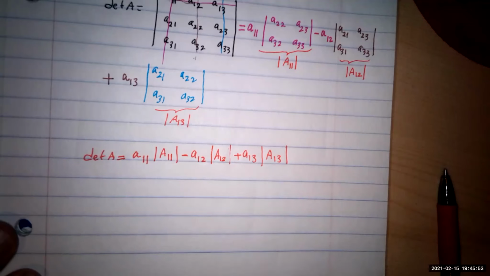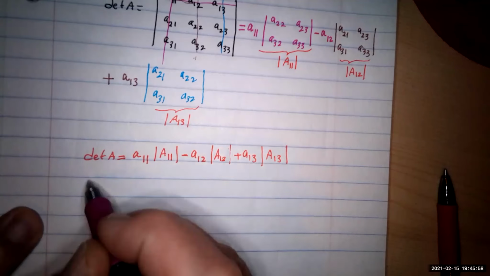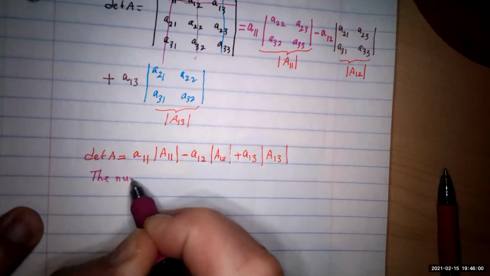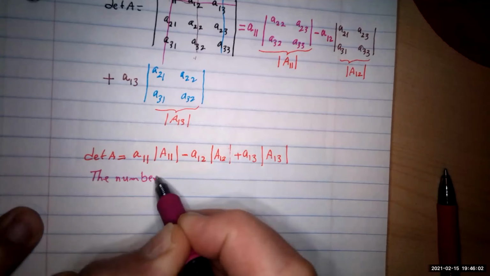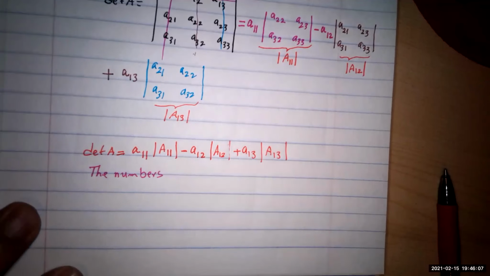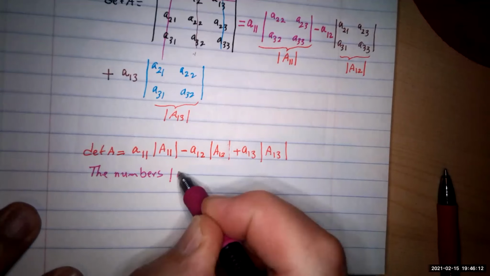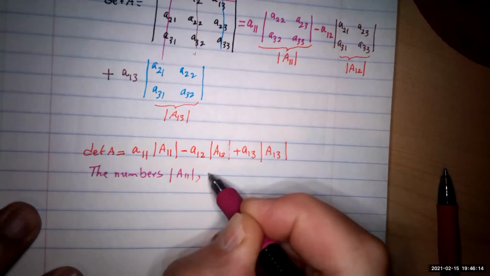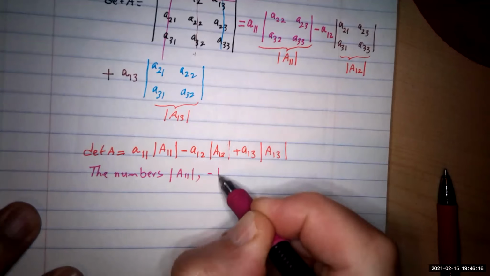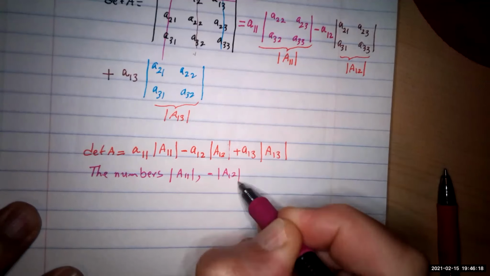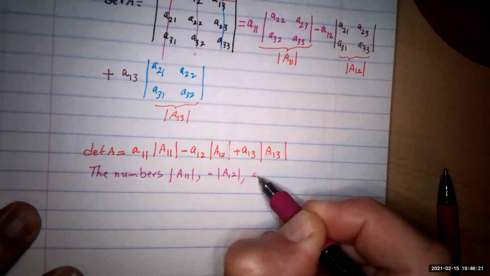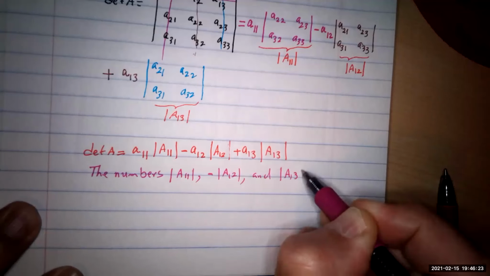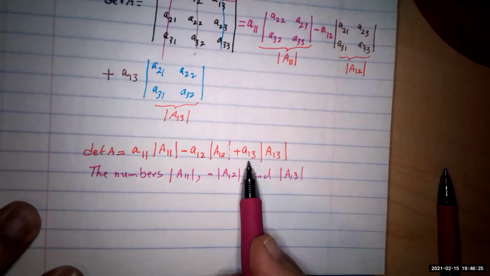So the determinant of the A11 matrix, negative for A12, and this last one are going to be the coefficients of A11, A12, and A13.